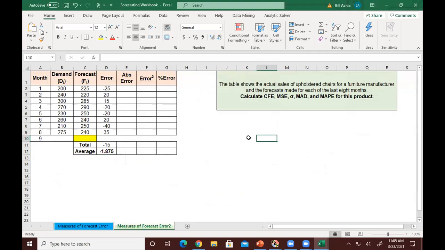and the mean absolute percentage error for this product. Again, the cumulative forecast error is just you summing up those errors. It's a very simple addition, and you end up with a total, which I already have for you over there.